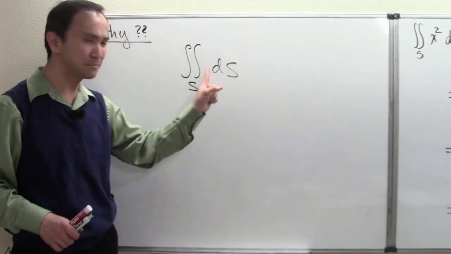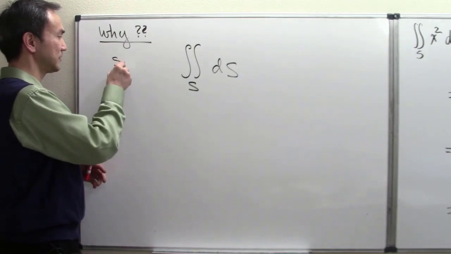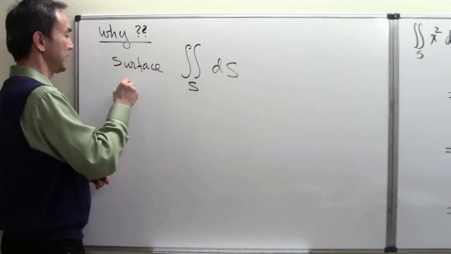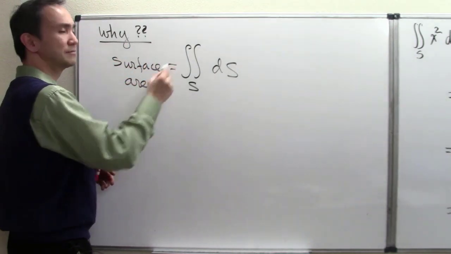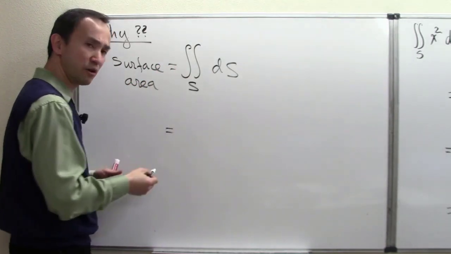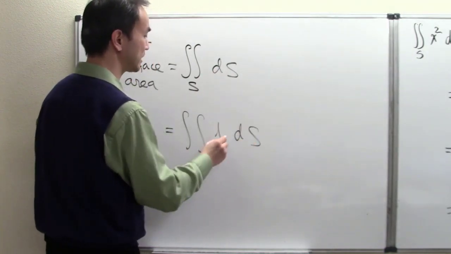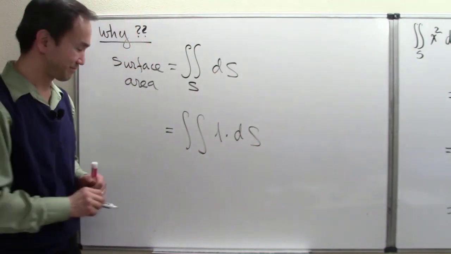So now if you're looking back at this surface area formula right here, this is the surface area formulation. But think about it: in our understanding of integrals at this point, S here can always be thought of as 1 times S. And we're accumulating that.